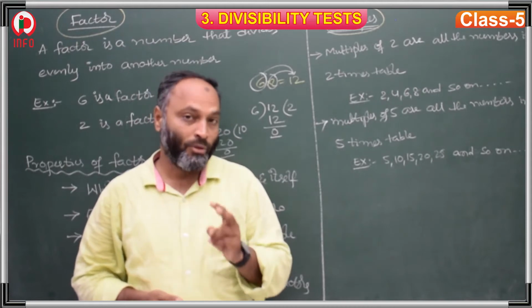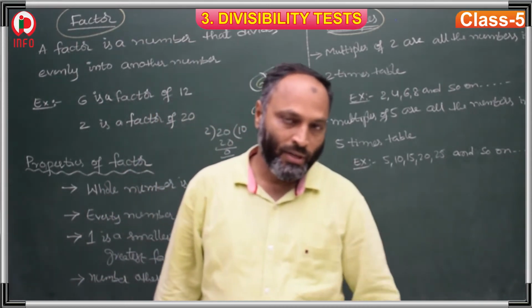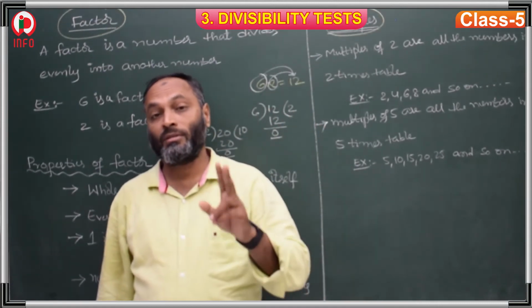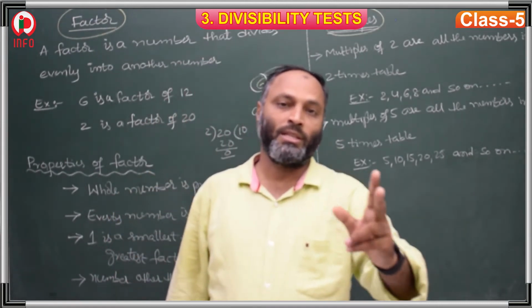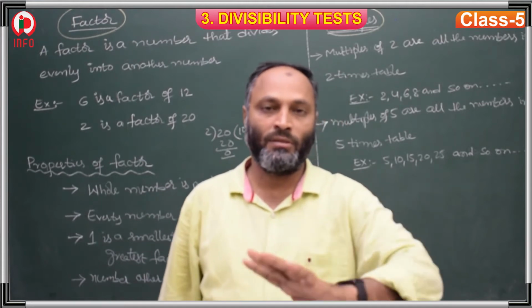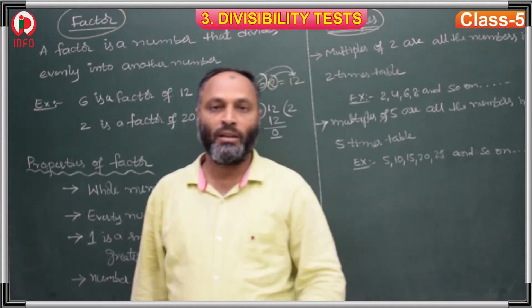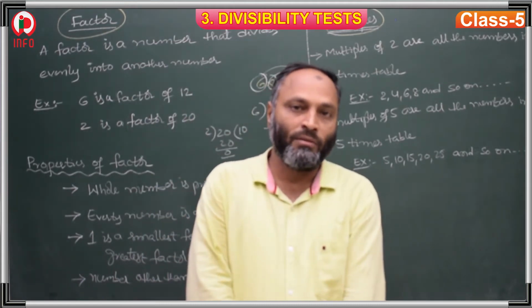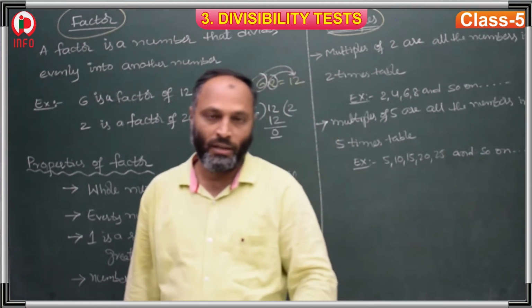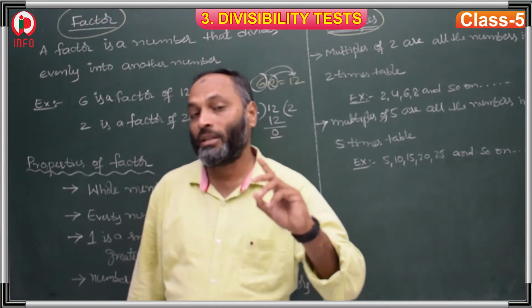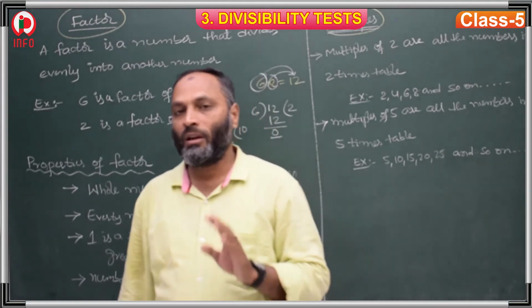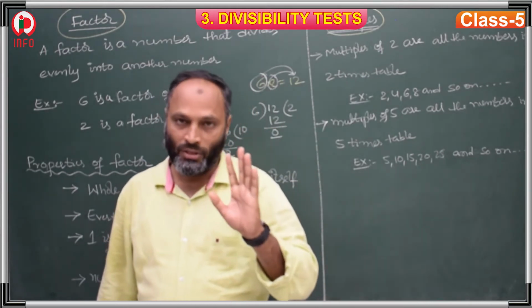And the second property: 0 is also a factor of all. Why? 0 1s are 0, 0 2s are 0, 0 3s are 0, 0 4s are 0, 0 5s are 0. Whatever number it multiplies, the result will be 0 only. Whole numbers start from 0, we know this.